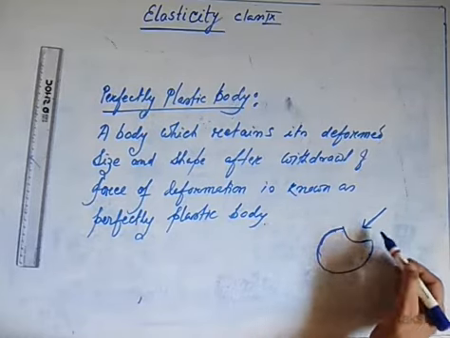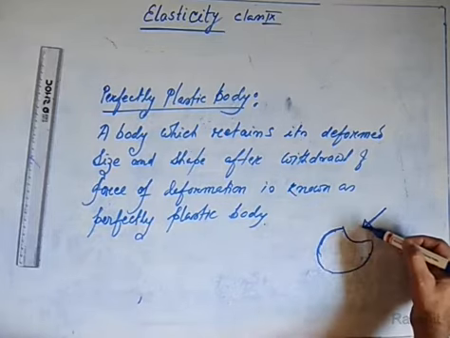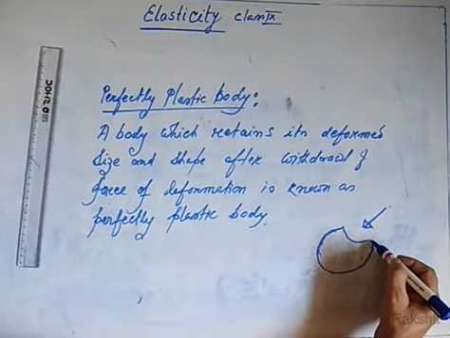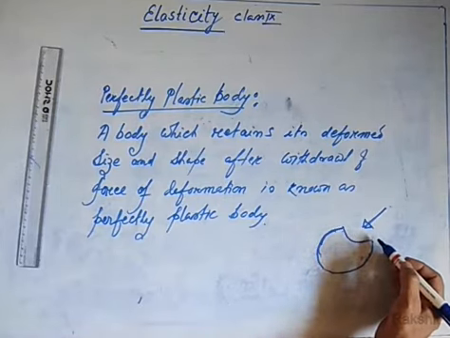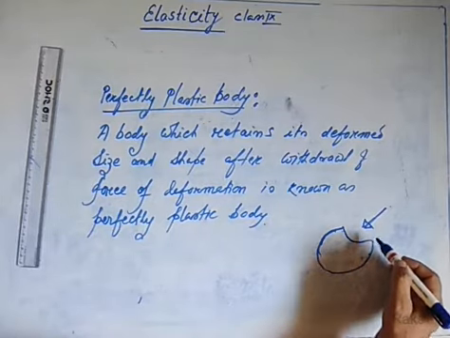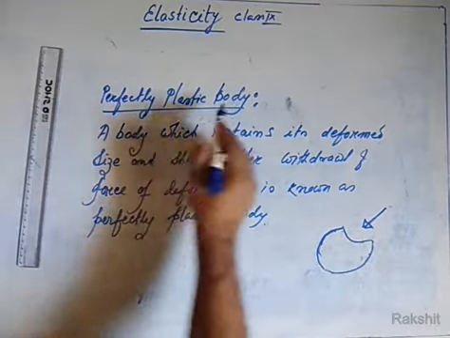Somehow this portion will be like this, and after withdrawal of this force, it will retain its deformed size or shape. So this body is said to be perfectly plastic body.